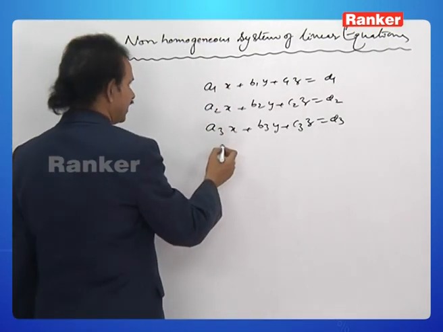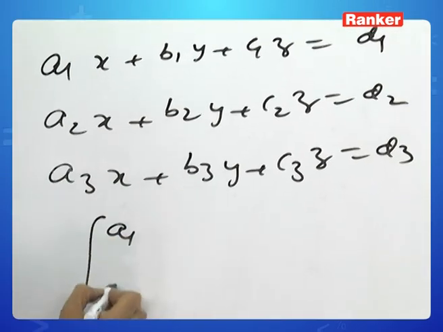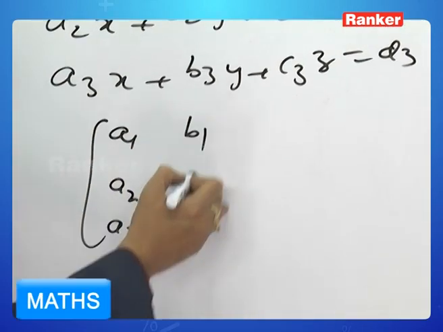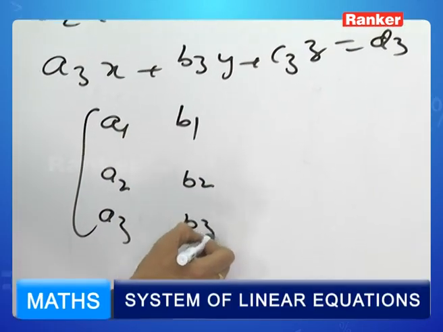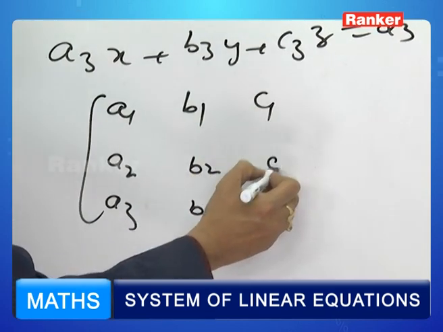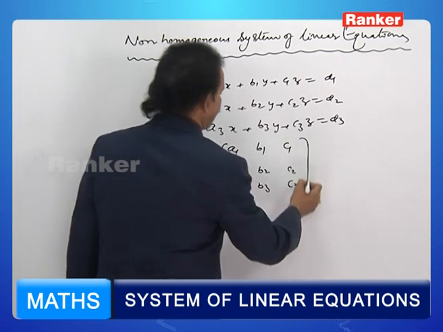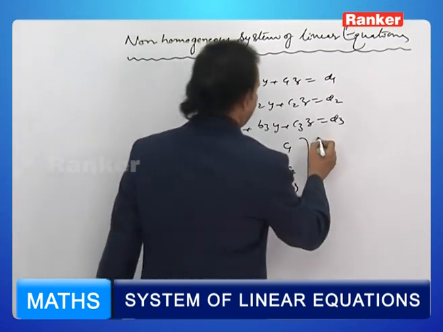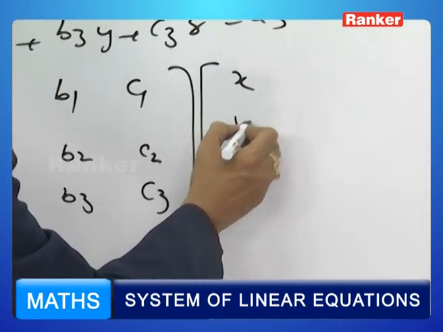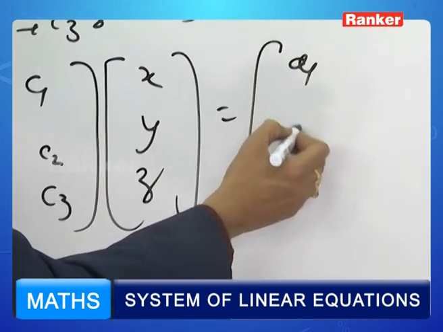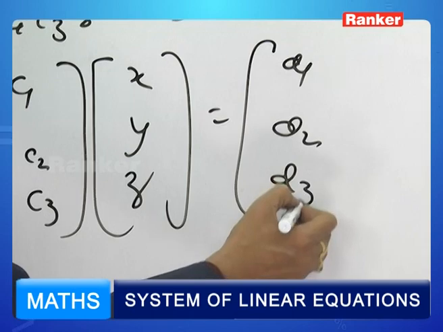And this system can again be written as a1, a2, a3, coefficients of x, b1, b2, b3, coefficients of y, c1, c2, c3, coefficients of z, hence it is a coefficient matrix, and x, y, z, variable matrix, d1, d2, d3, the constant matrix or value matrix.